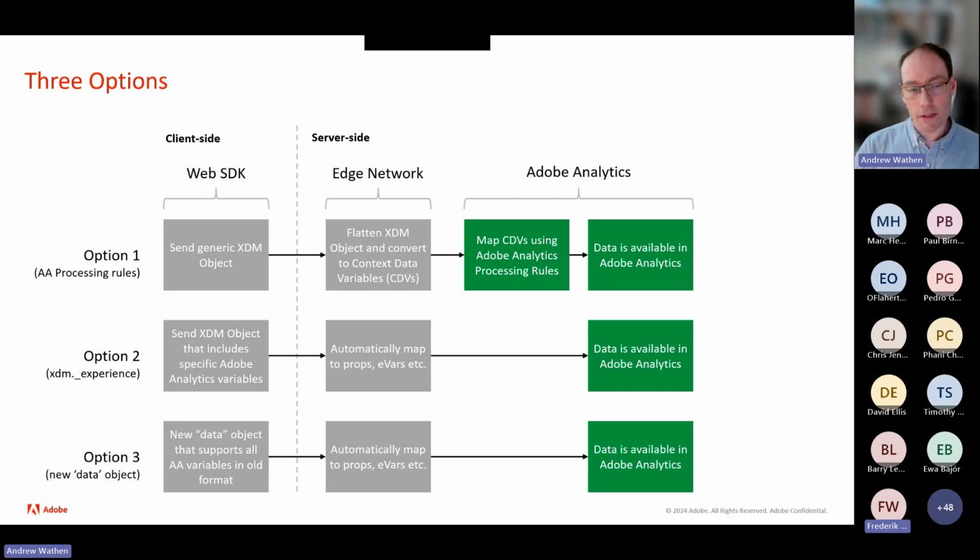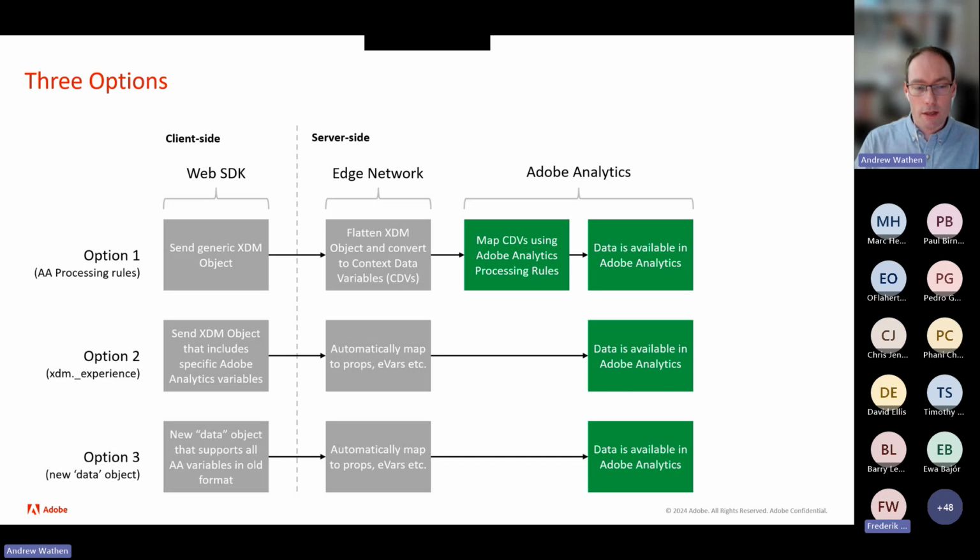But the key difference is they've created a new part of their object, which actually sits outside of XDM. And that object will take variables in the format that you have them in already for Adobe Analytics.